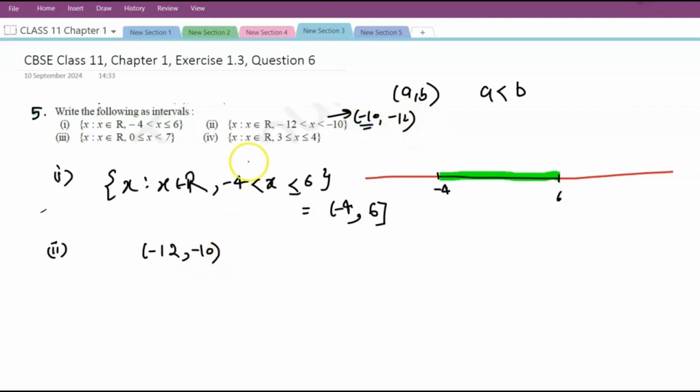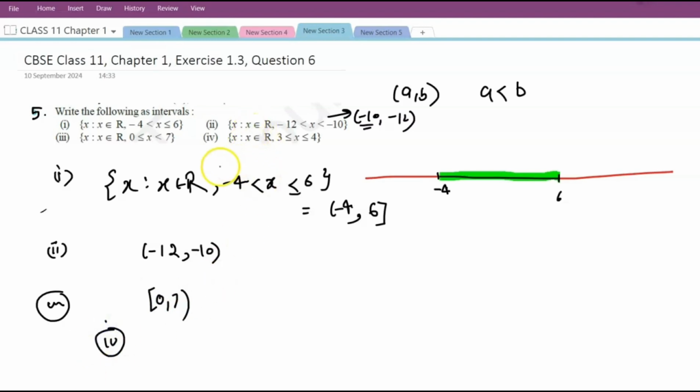So (-12, -10), and there is no equal sign on either end, so this would be open at both ends. Let's see the third part. x is a real number such that it lies between 0 and 7, and it is closed at the end 0 and open at the end 7.